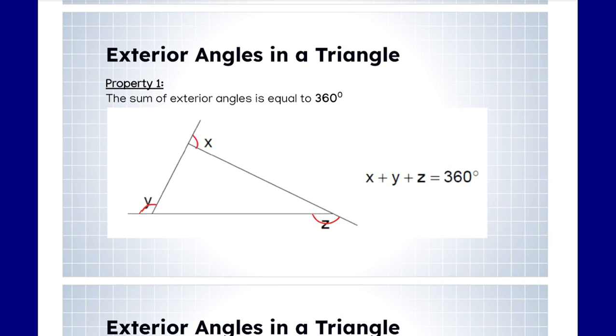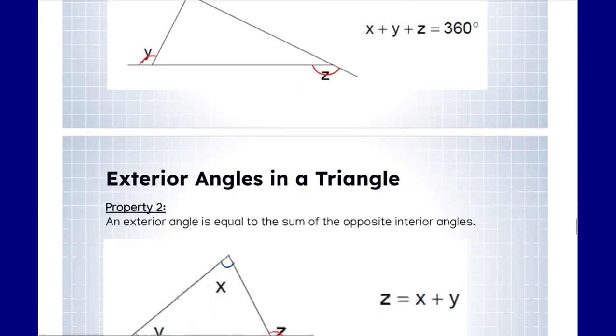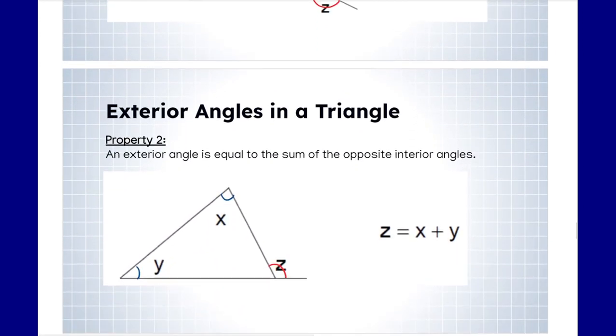And for x, these two angles in blue, the sum of those two angles would equal angle x. Again, those are just some more examples of property 2, where the sum of the opposite interior angles equals the exterior angle.